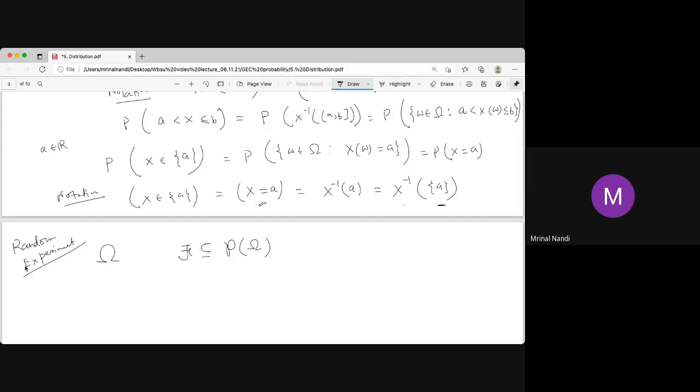The story comes from an underlying random experiment. Sometimes you forget this, but you should remember there is always a random experiment underlying. If there is no random experiment, nothing is there, no probability.